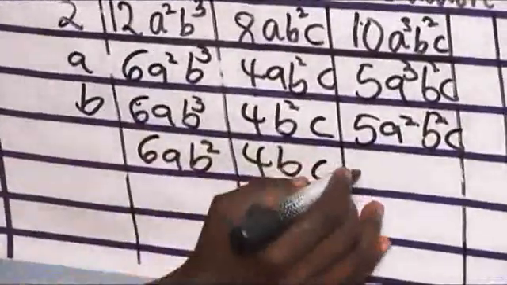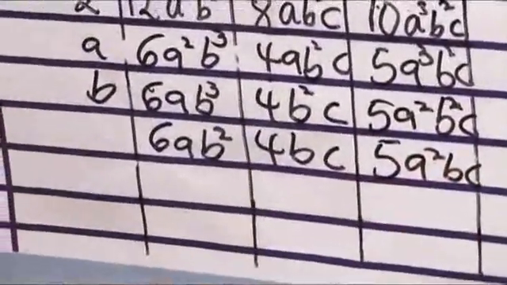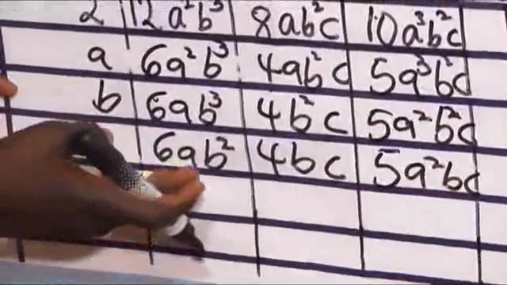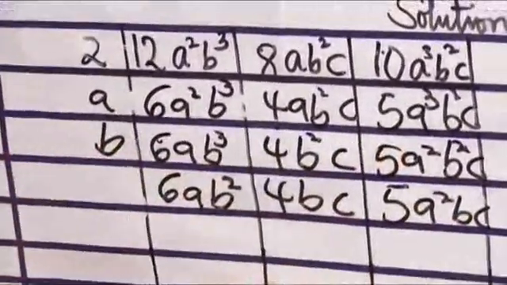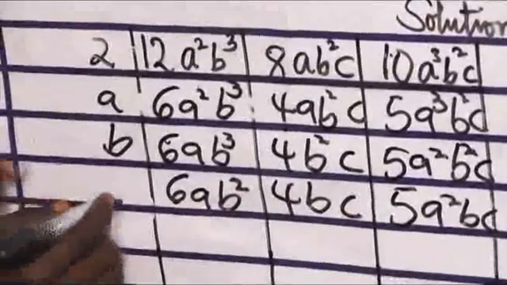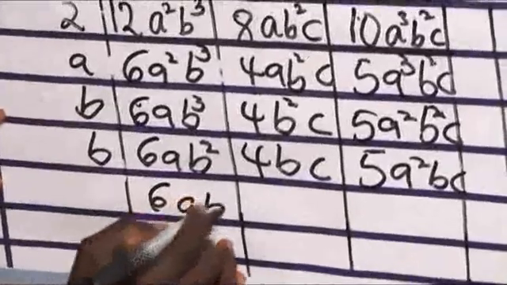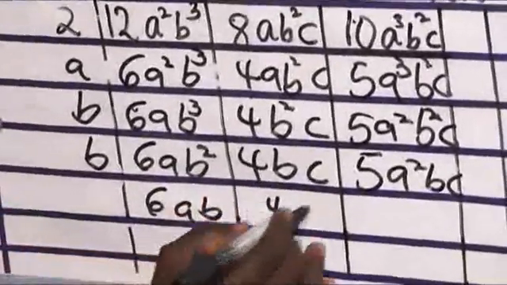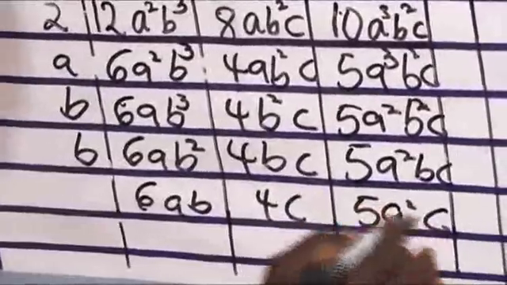Then that should be 5, a squared, b, c. We check again. Is there any letter common? There's b, b, there's also b here. It means you can still factorize b out again. So b here will be 6ab. Here will be 4c. Here will be 5a squared c.